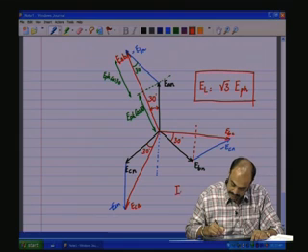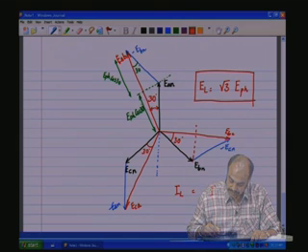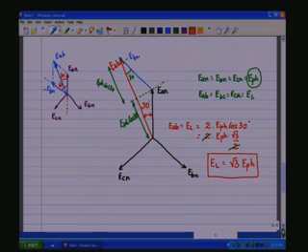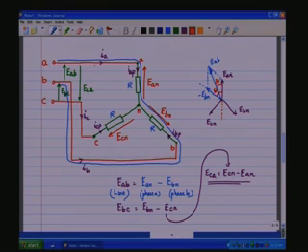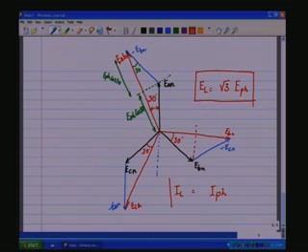IL is the line current and I phase is the phase current, and we have the line current equaling the phase current, because in the case of the star circuit we see that IA, the line current, is the same current that flows through the phase circuit. IC, the line current, is the same current that flows through the phase circuit, and so also IB. So, the line current and the phase currents are the same in the case of star connected circuits.